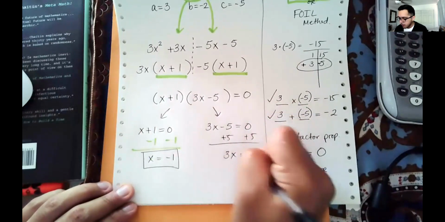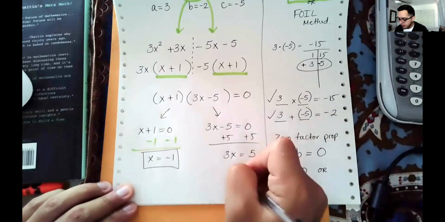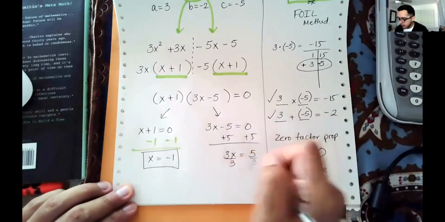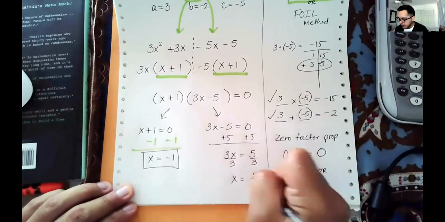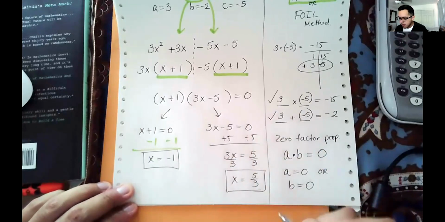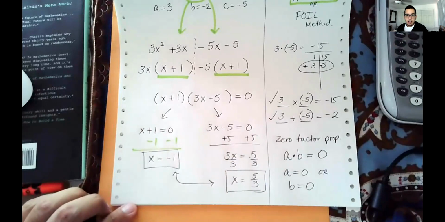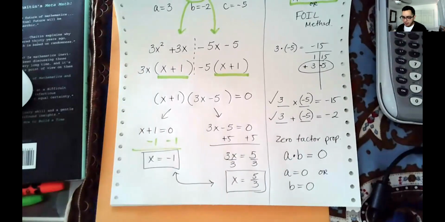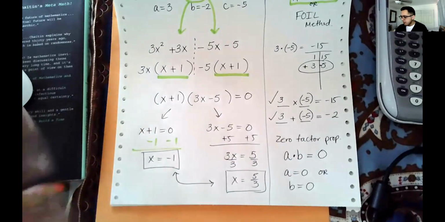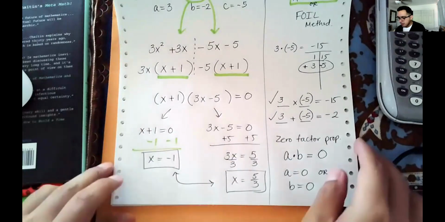We'll get 3x is equal to 5, and then we'll divide by 3 so that we get x is equal to 5/3. So those are our 2 solutions. Does anybody have any questions about that one? No. Okay.